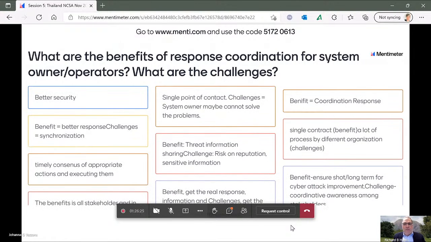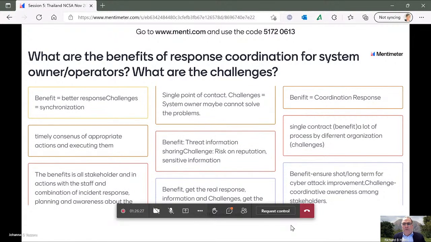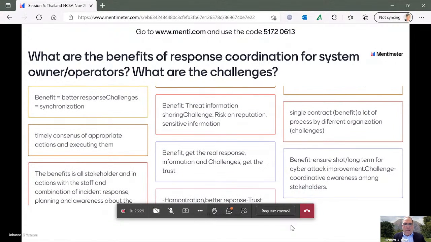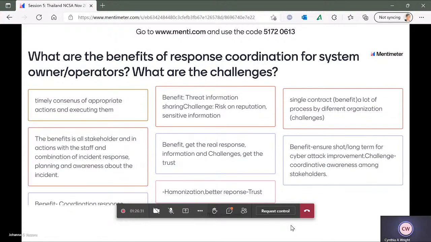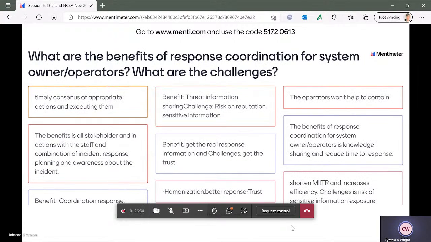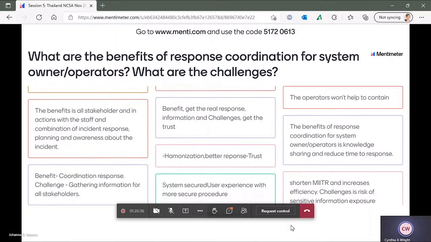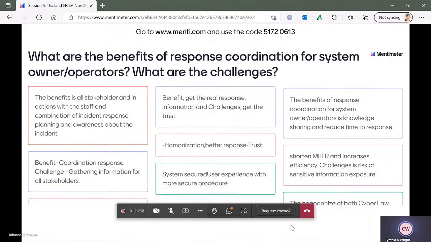And I think that's a role for the national coordinator as well. I did just see that challenge roll up the screen, the challenge of different priorities. So that's recognized in the group. Good, excellent.